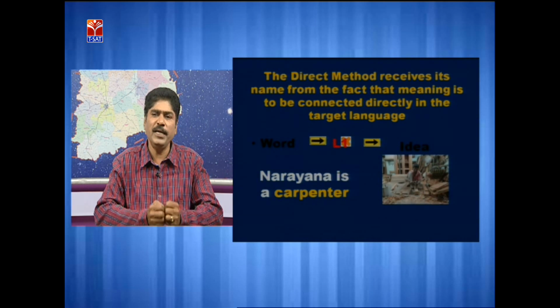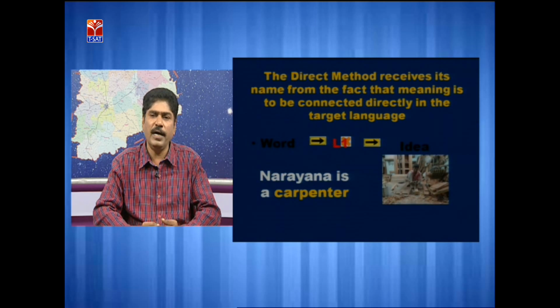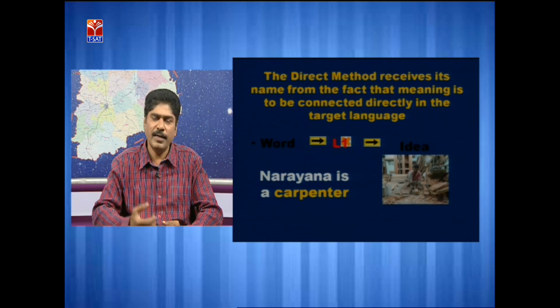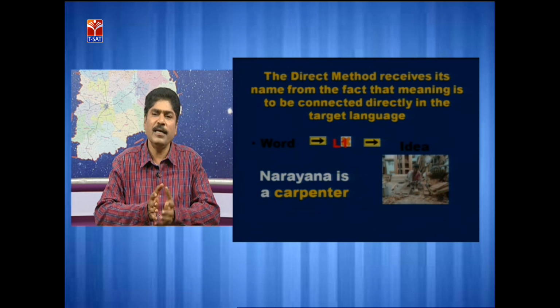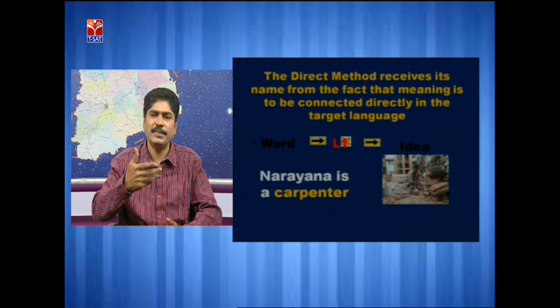In that way, there should be a direct link between what we call that word and also that concept. There should not be intervention of mother tongue. When you use mother tongue, our brain starts thinking and filtering everything in mother tongue, and it obstructs the learning of English.